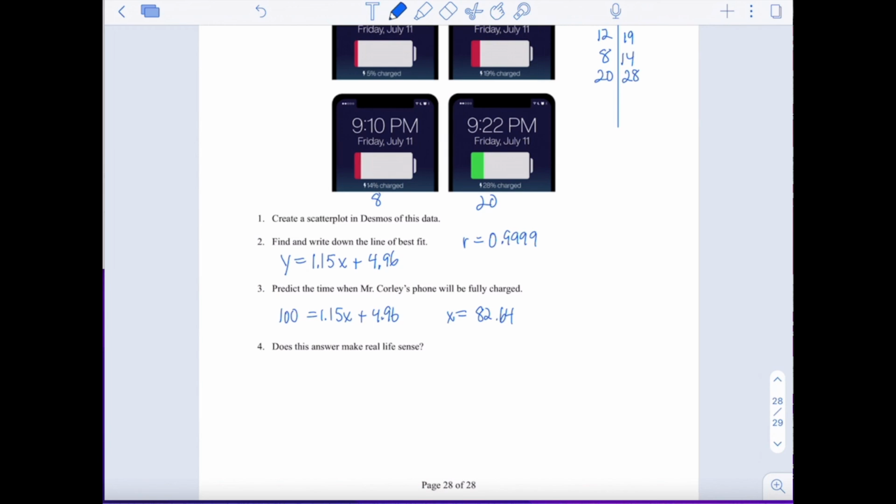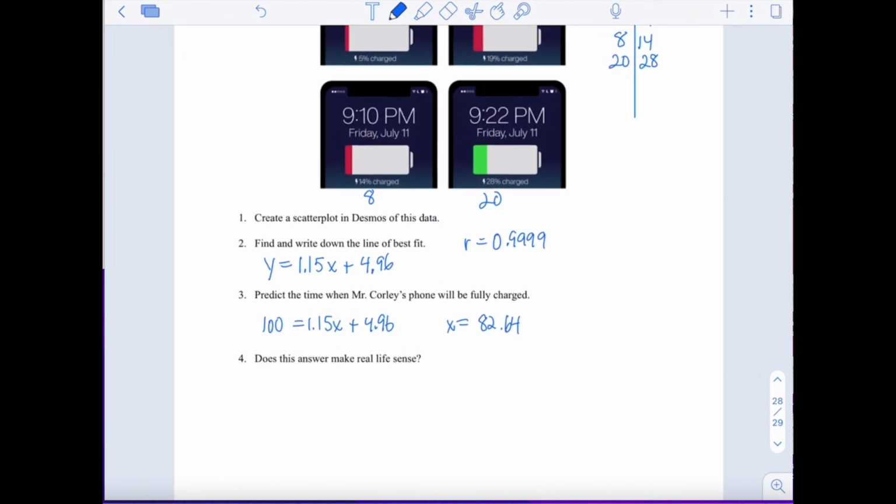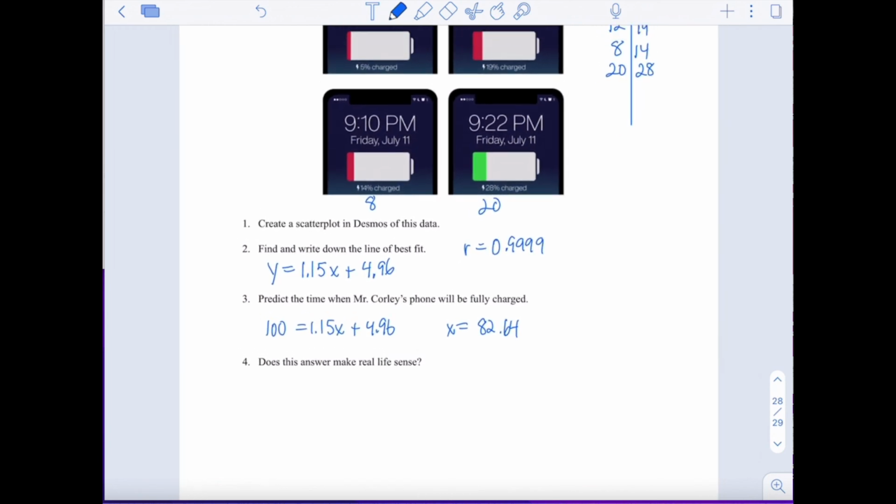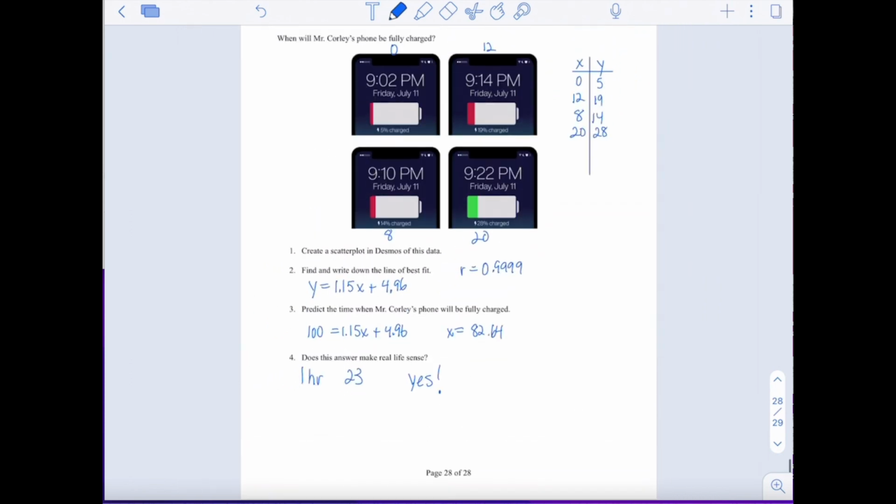And does this answer make real life sense? Well, I guess that depends on what kind of charger you have. This is 1 hour and 23 minutes, I guess. I usually let my phone charge overnight, but I think you could get to 100% in 1 hour and 23 minutes and I think that's pretty reasonable.